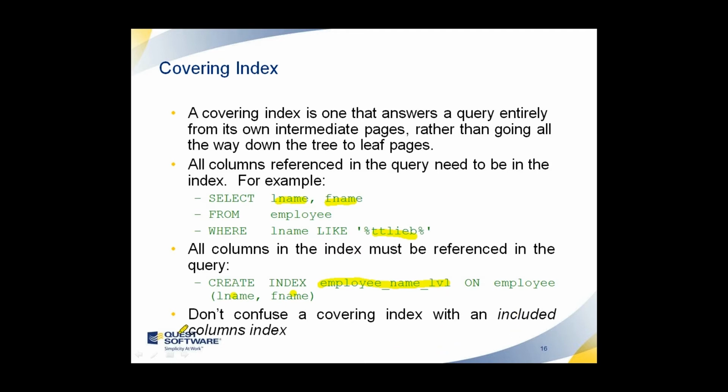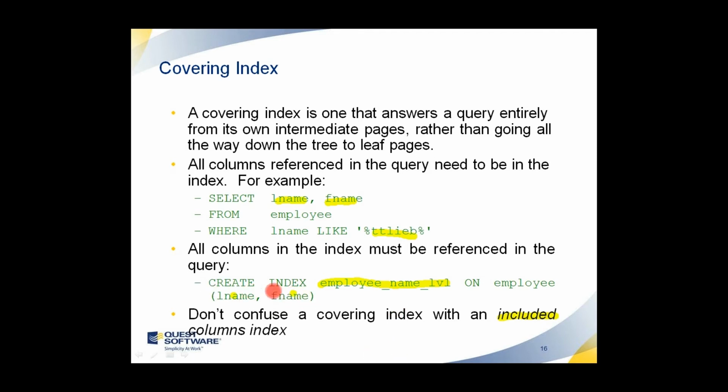This is not to be confused with a feature called included columns. There is this capability in SQL Server to include columns in an index. So for example, the first name right here, we might include first name in a column and not index it. That means that we don't adjust pointers or anything like that.